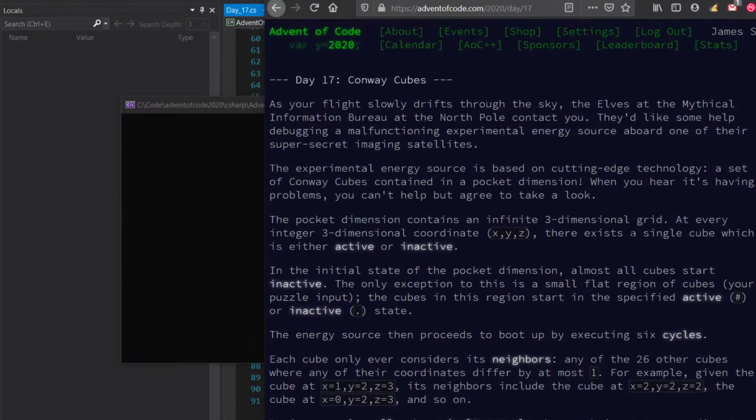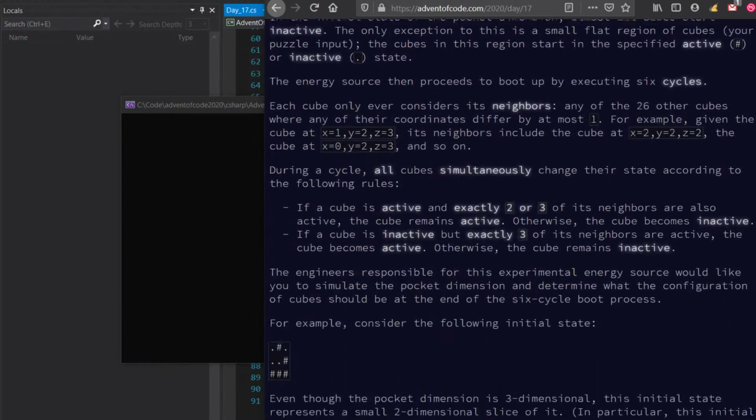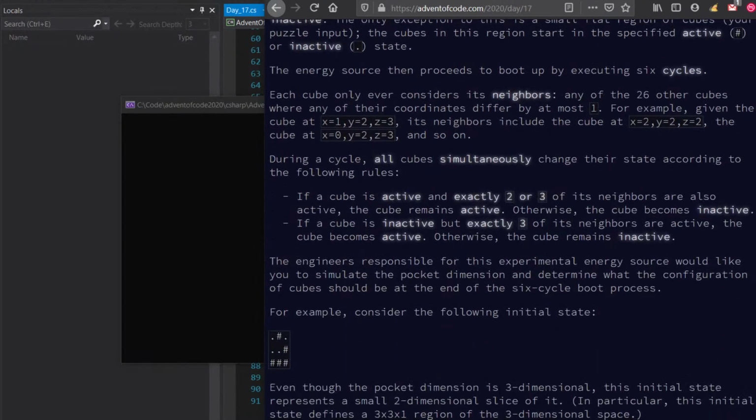An infinite 3-dimensional grid. Maybe I should make this an integer array.